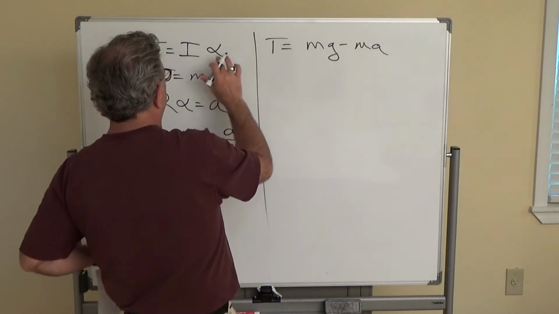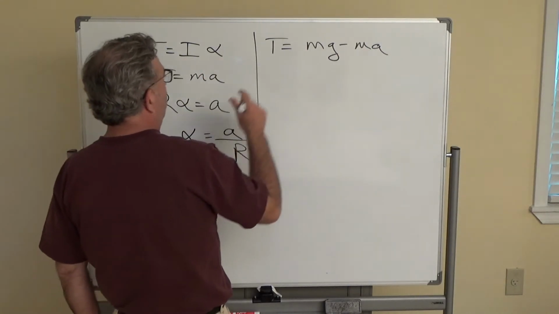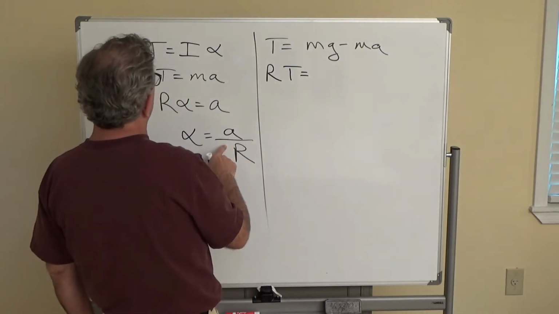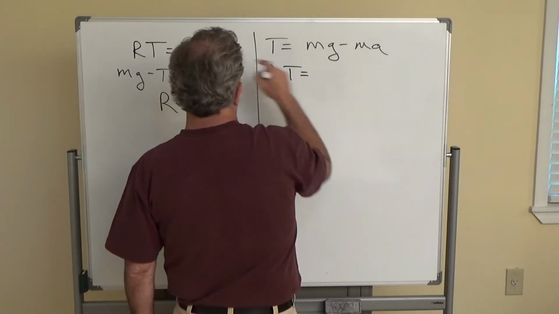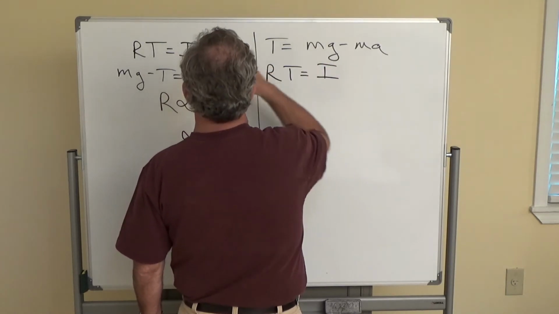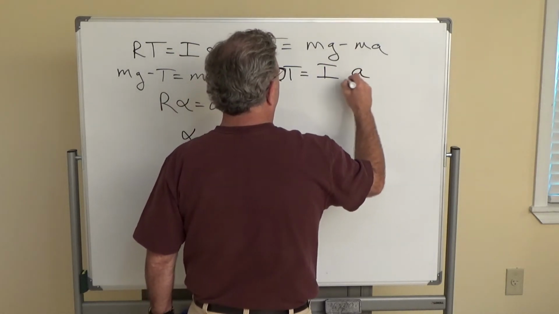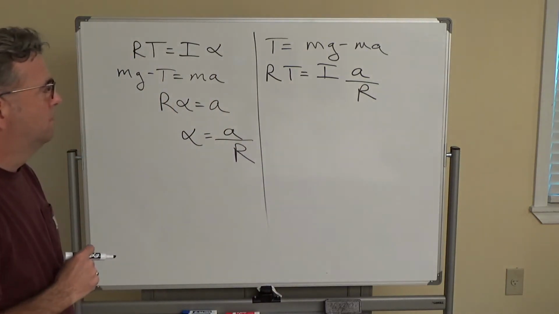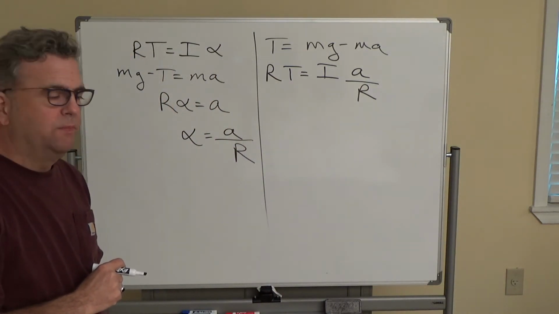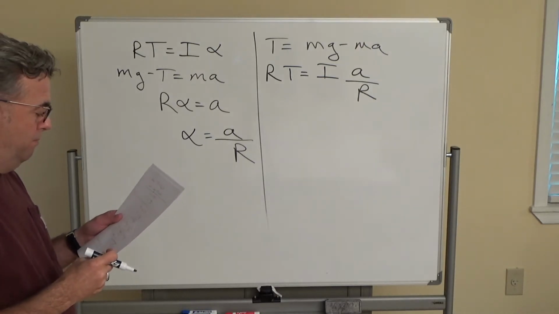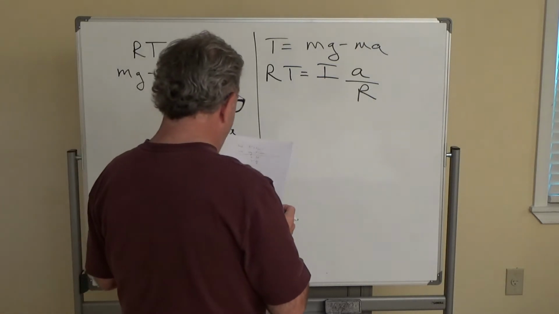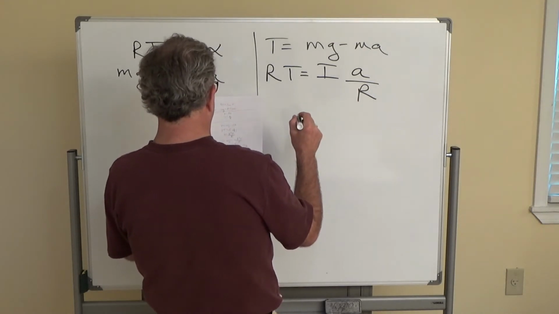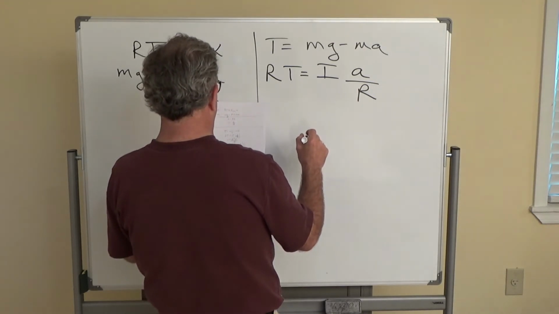For this equation, substituting in for alpha, we have RT is equal to I alpha, which is a over R. Now, combining those two, I'll leave some of the algebra up to you.